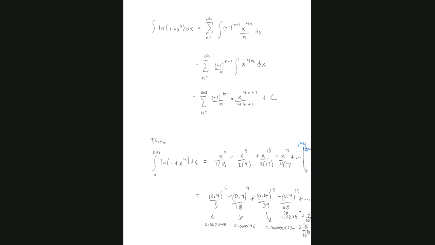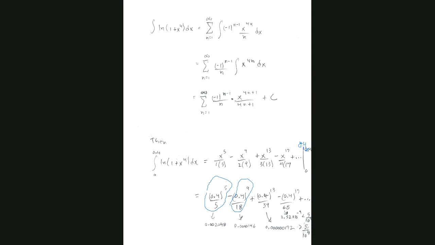So the first term here is 0.002048. That's the first term of the series. Well, that's not less than 5 over 10 to the 7th. The second term is 0.0000146.